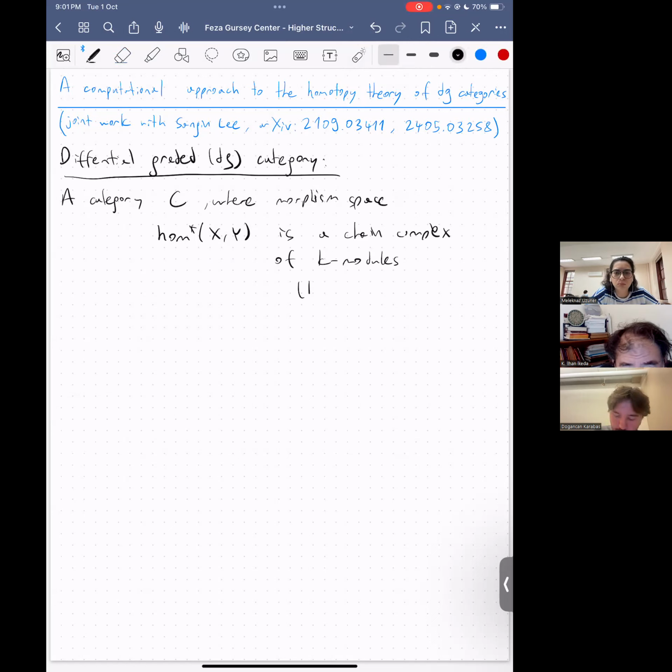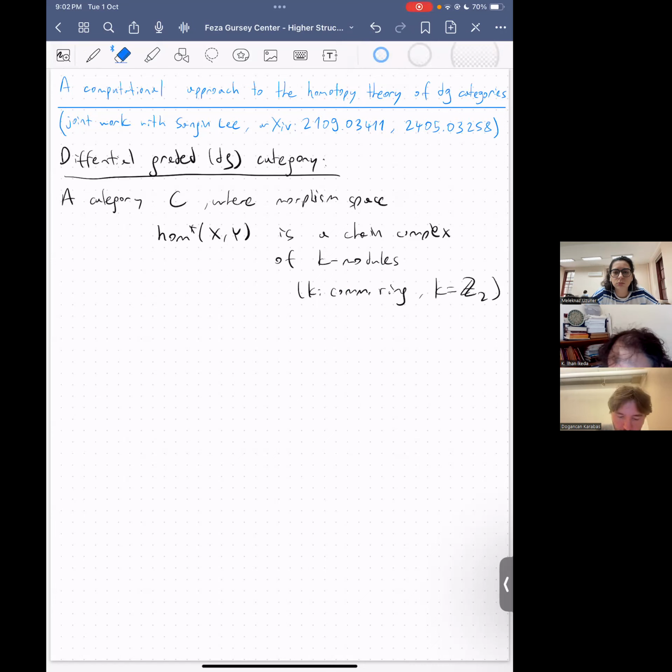And K here is a commutative ring. So whatever things I will tell holds for all commutative rings. But I will set for simplicity K equals just Z2 so that I don't deal with signs.